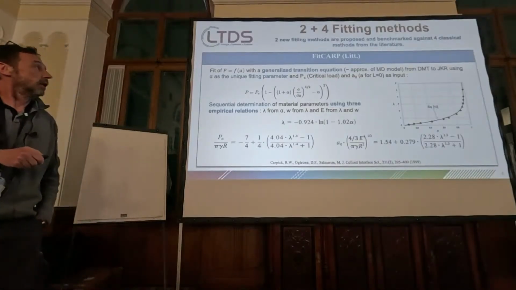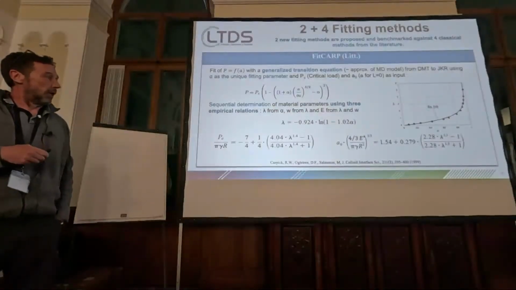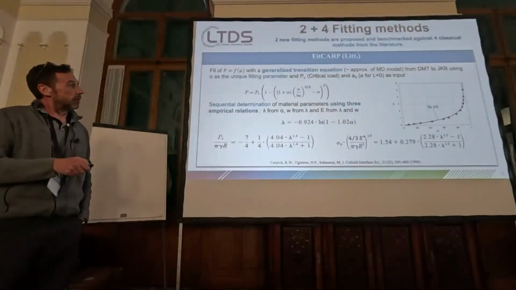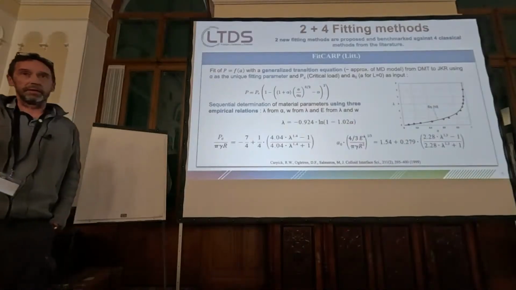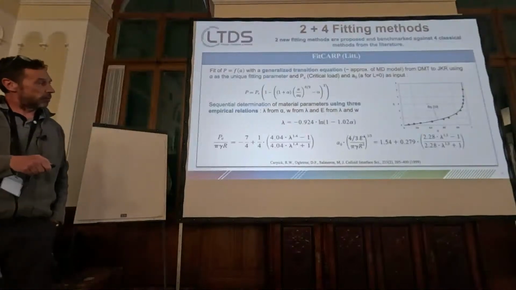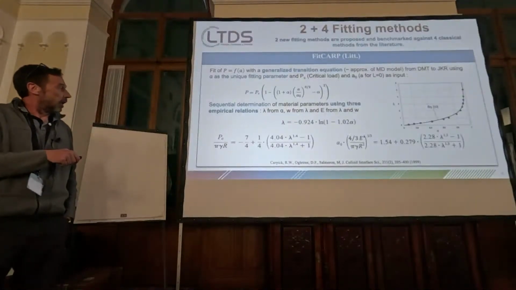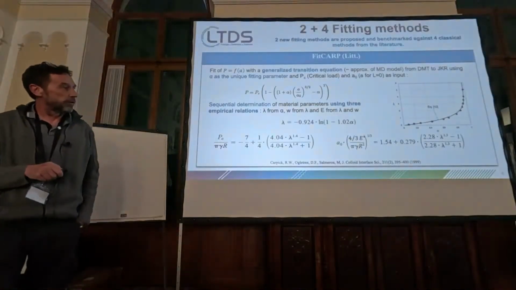And then he proposed three empirical relations to go in sequential steps from alpha, this new parameter you extract from your data, to lambda, the real Tabor parameter of the Maugis-Dugdale model. Then from lambda, you can compute the adhesion energy, gamma here, and W in the rest of my presentation.